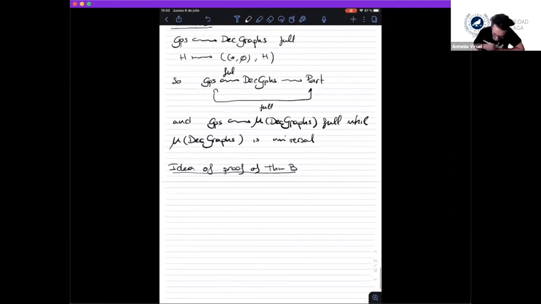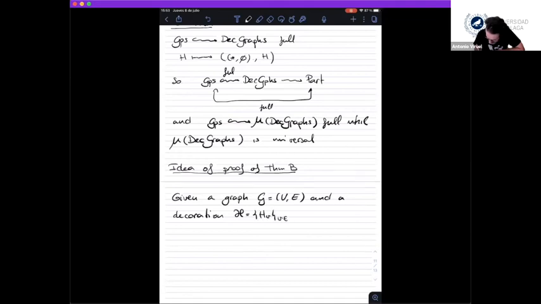Given a graph G, with V, edges, and a decoration, we define M of G in two steps.